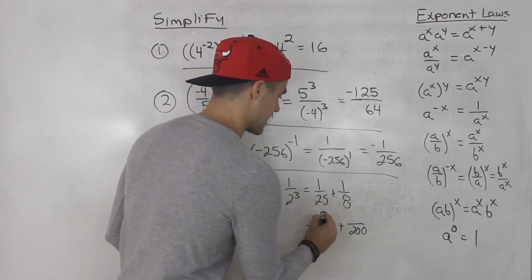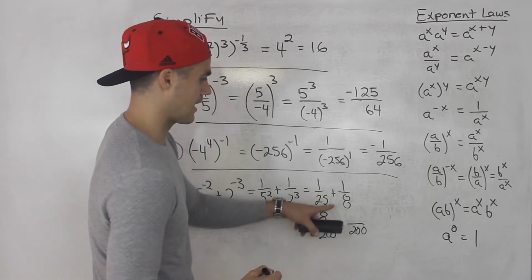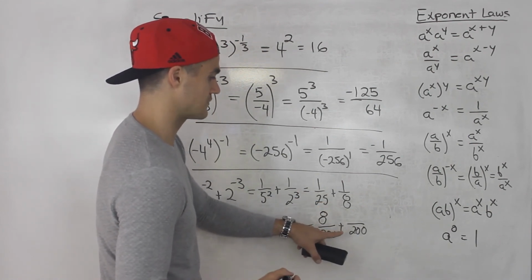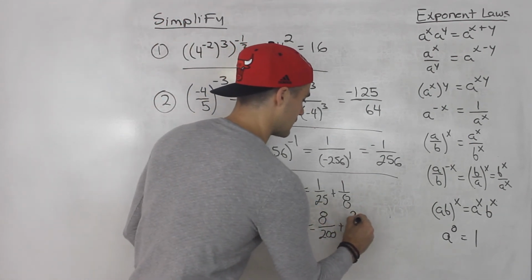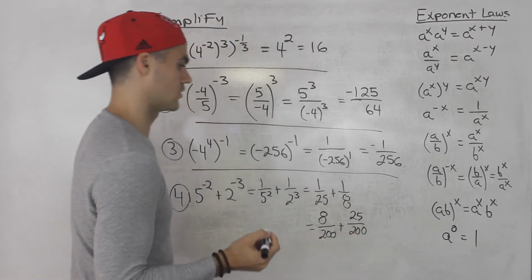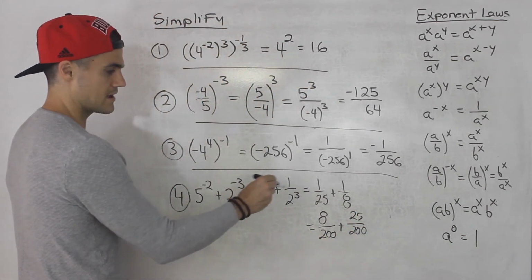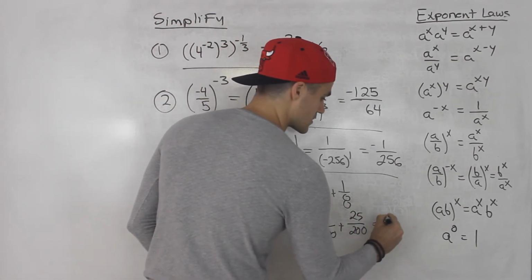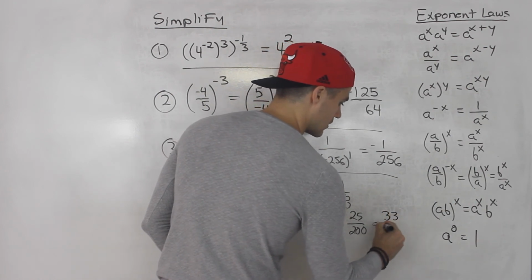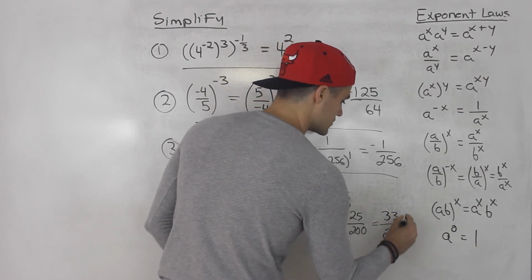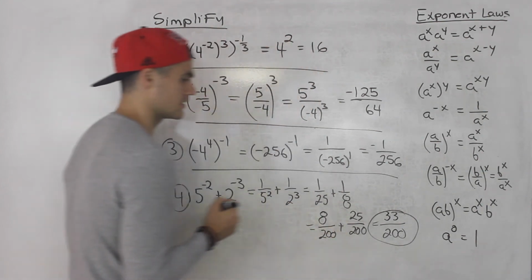So this ends up being 8 over 200. And 8 goes into 200 25 times. So this ends up being 25 over 200. So 8 plus 25 gives us 33 over 200. So that there is your final answer.